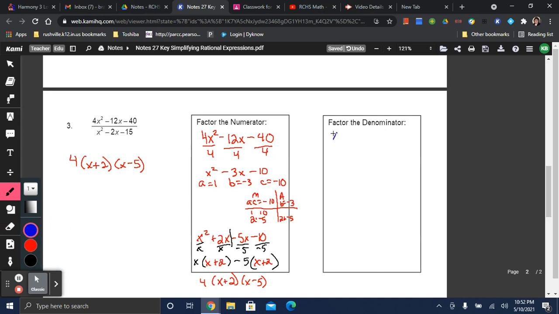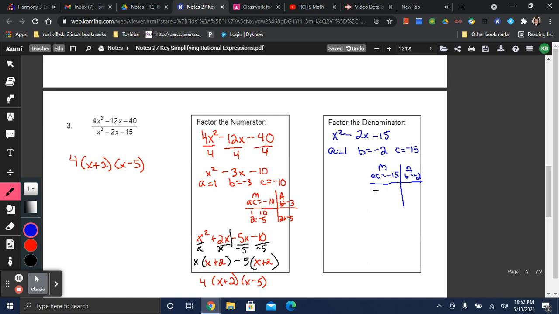So the denominator is x squared minus 2x minus 15. So A is 1, B is negative 2, C is negative 15. And so we'll look and see what multiplies to AC, which is negative 15, and what adds to B, which is negative 2.